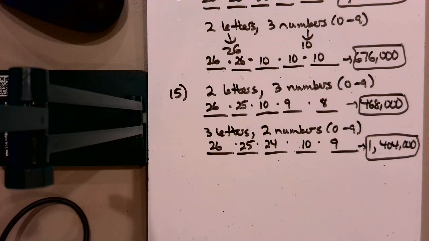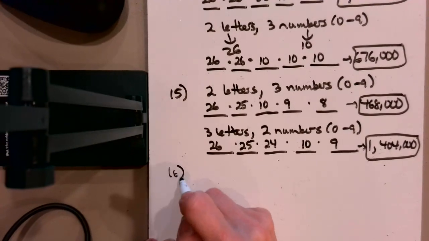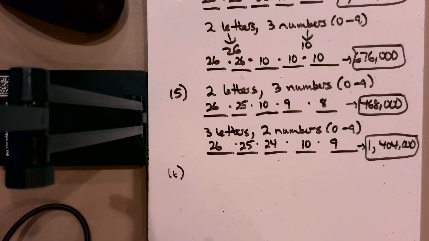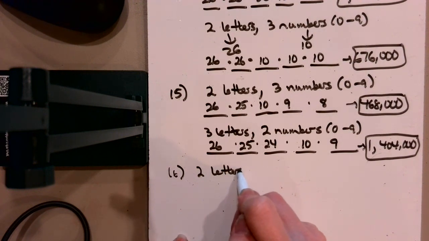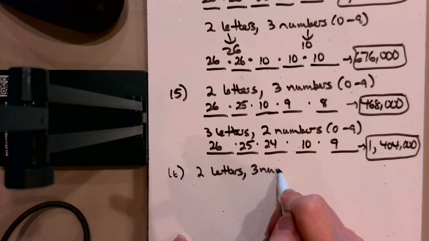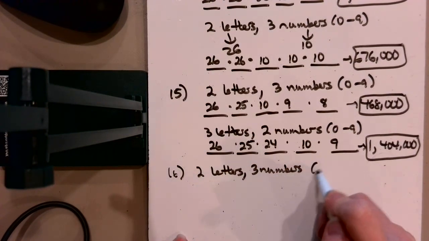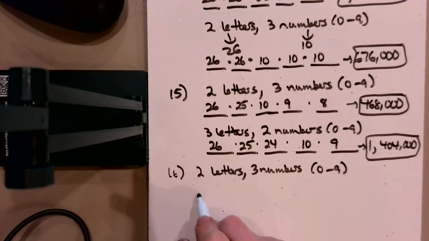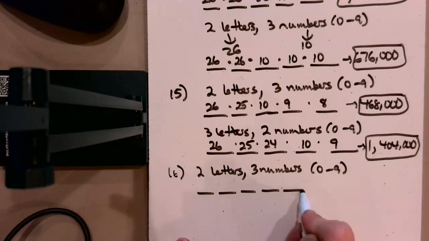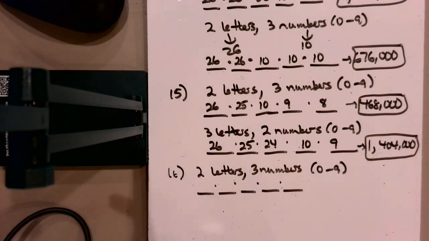Okay, so on to number 16. 2 versions of 16. One of them says 2 letters, lowercase, followed by 3 numbers from 0 to 9. And one of them says, how many passwords are possible? So we're going to draw 5 blanks, again, using the fundamental counting rule.